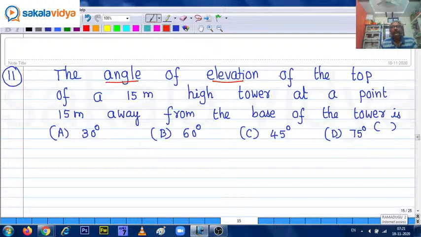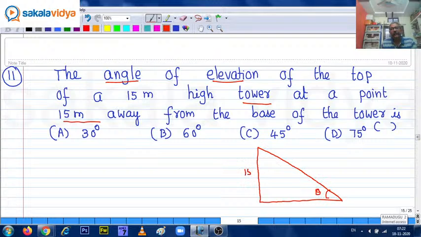The angle of elevation of the top of a 15 meters high tower at a point 15 meters away from the base of the tower. So that means this is a 15 meters high tower. From the base or foot at 15 meters it has been observed with some angle of elevation. We do not know theta. This is 15, this is also 15.